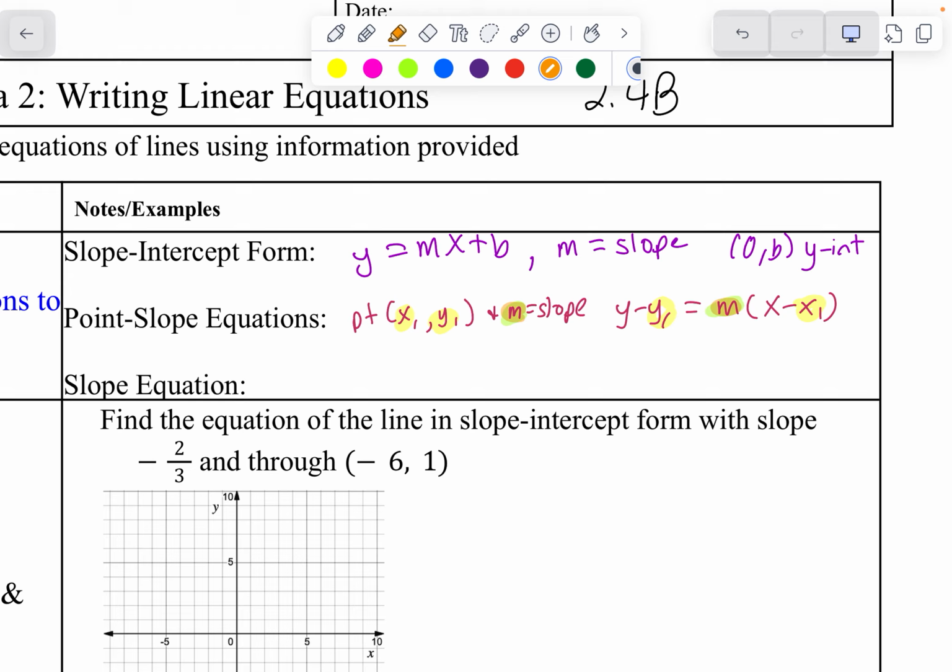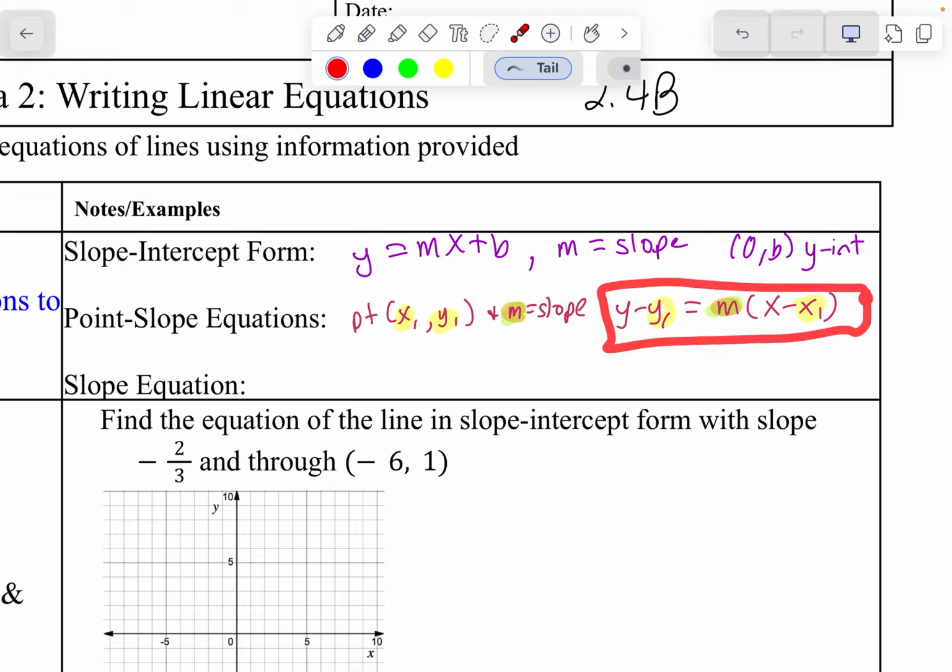When I taught calculus, this formula came up quite a bit. I would tell my students, make sure you understand how to solve it for y, because usually the instructions may say, put that into slope-intercept form. So just be careful with that. This formula just allows us to get to here. You might have to do a little rearranging, okay?